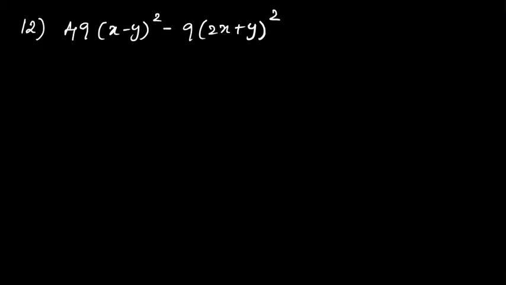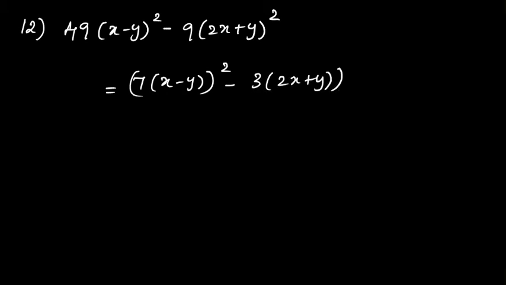12th question, factorize 49 into (x minus y) the whole square minus 9 into (2x plus y) the whole square. So 49 can be written as 7 square, 7 into (x minus y) the whole square, minus 9, which can be written as 3 into (2x plus y) the whole square.